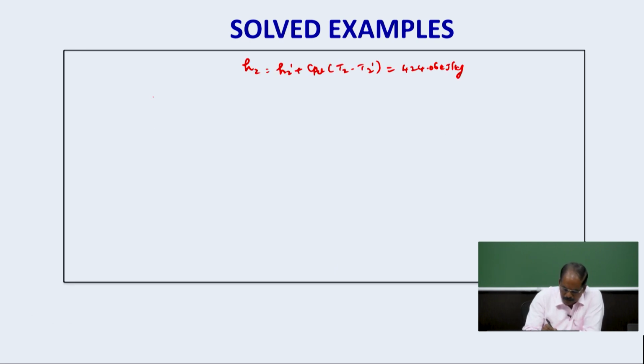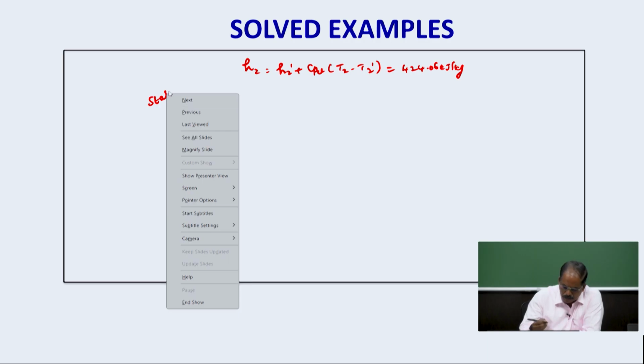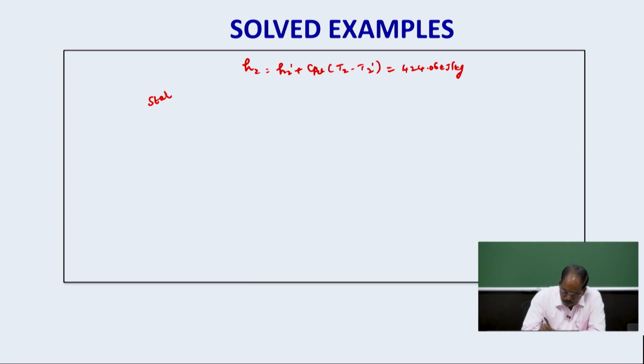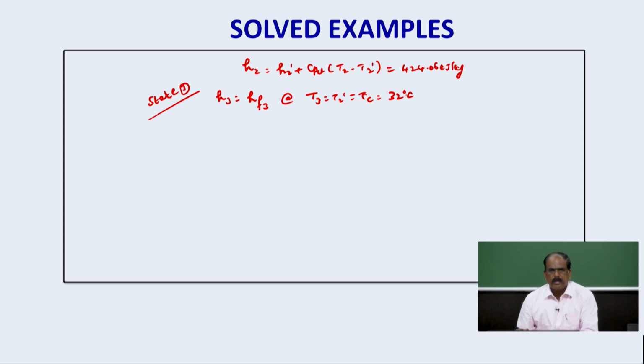So, state 3: enthalpy at 3 is equal to the liquid enthalpy at T3, which is equal to T2 dash, which is equal to Tc, 32 degree centigrade, from the R134A table.